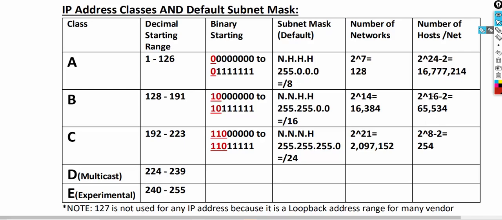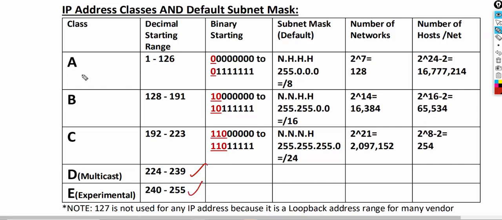Starting from 1 to 126 is called class A, 128 to 191 is called class B, 192 to 223 is class C, and multicasting is special: 224 to 239 is called class D. E is experimental.